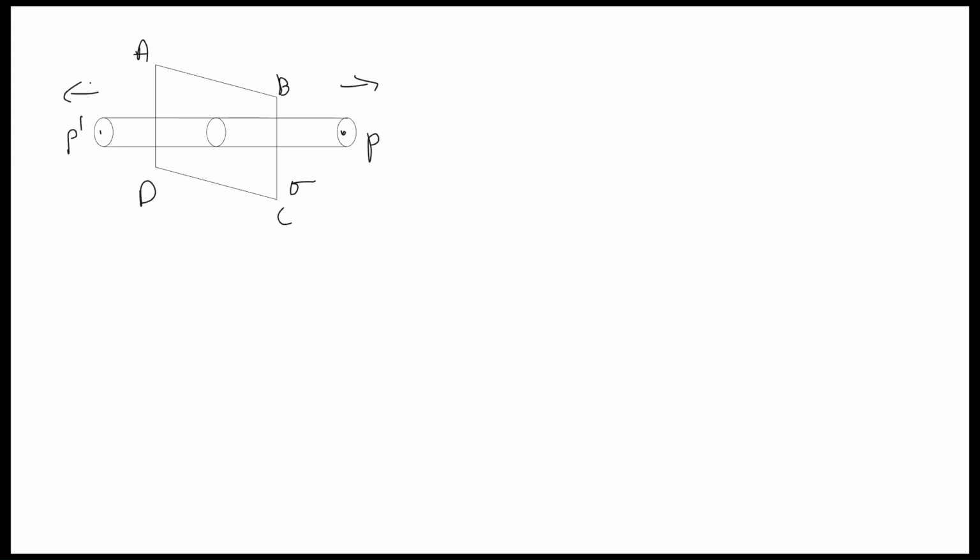So we need to draw a Gaussian surface in the form of a cylinder with its axis parallel to the field and one of its circular caps passing through the point P. The other circular cap of the cylinder lies symmetrically opposite, with P dash on the other side of the sheet, situated at the same distance as P. Now we'll calculate the electric flux through both of these circular caps.